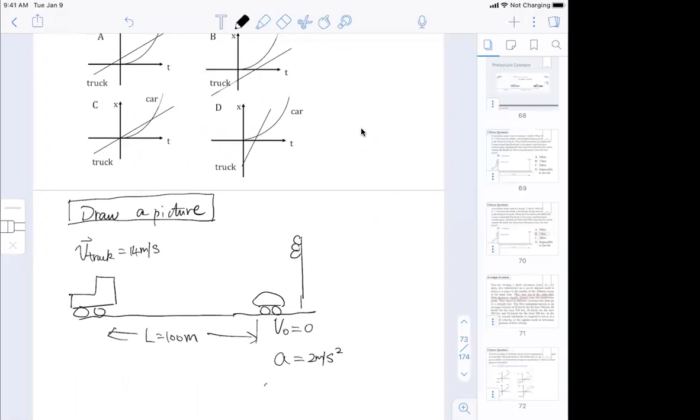And we know the maximum velocity the car can go is 100 kilometers per hour, which is double the 50, so it's 28 meters per second. That is all the information the problem is giving me, and I translated the mental picture onto my piece of paper. So the first step in solving a physics problem: I encourage you to draw a picture, including labeling your quantities.